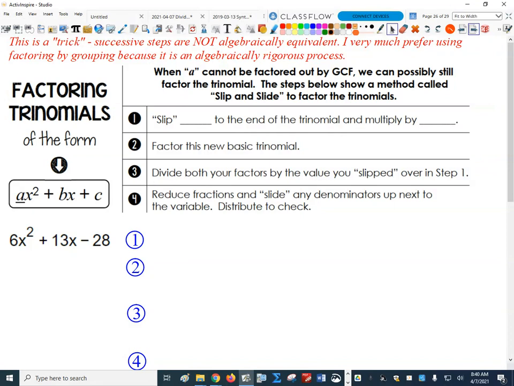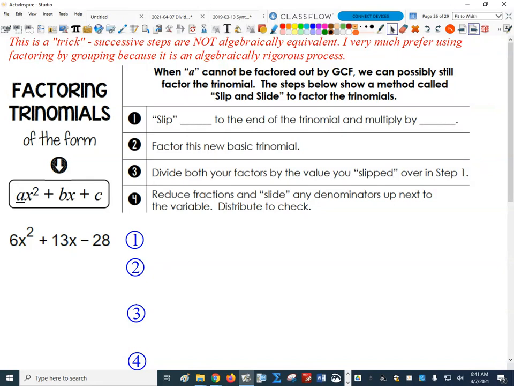You might have called this bottoms up, or slip and slide. Does that sound familiar? I know you learned one of the two things in Algebra 1. How many people are pretty convinced they've never heard either one of those words? Really?